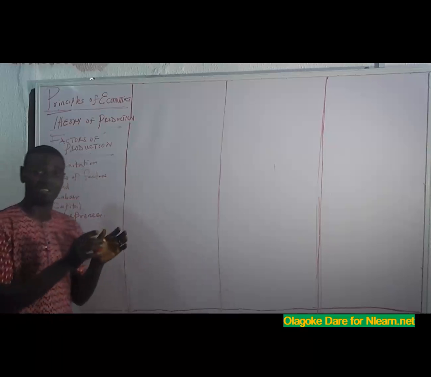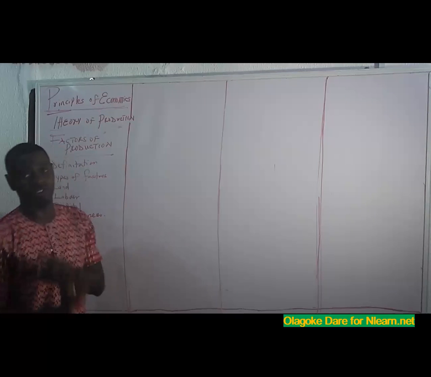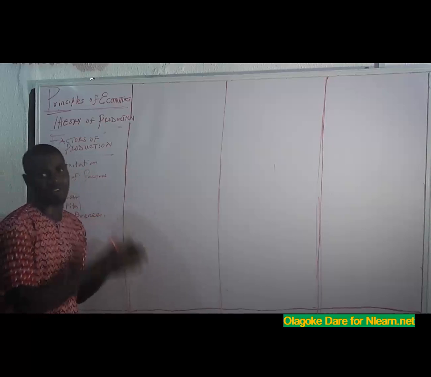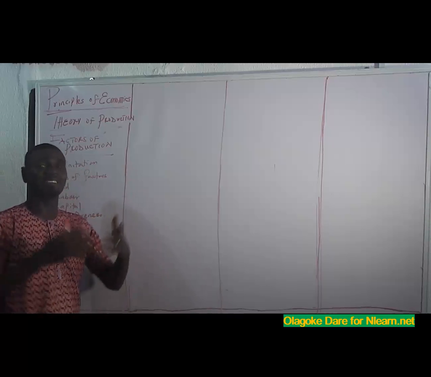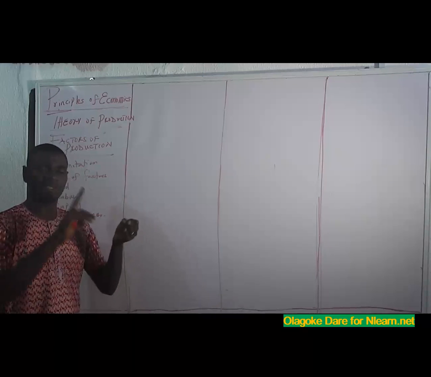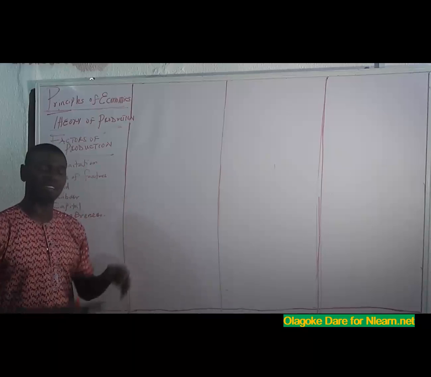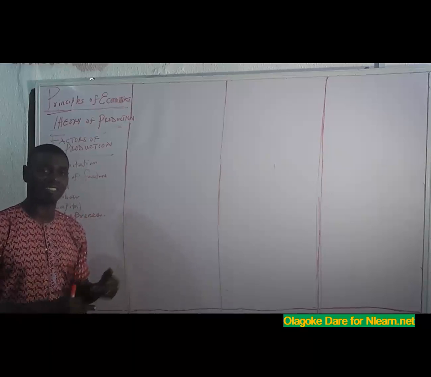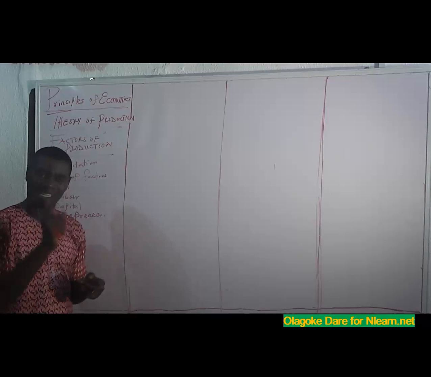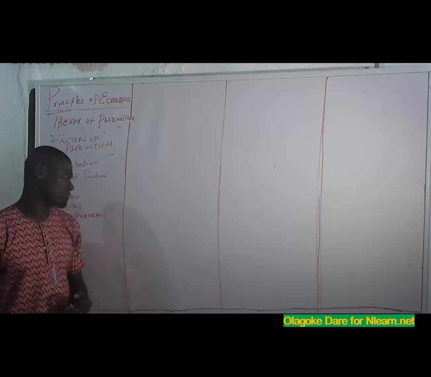So in a nutshell, the reason for production is for consumption. So without consumption, production is not completed. So there are stages that make production possible. It has to involve division of labor, specialization, and exchange. Without division of labor, specialization, and exchange, production is not completed, especially large-scale production.